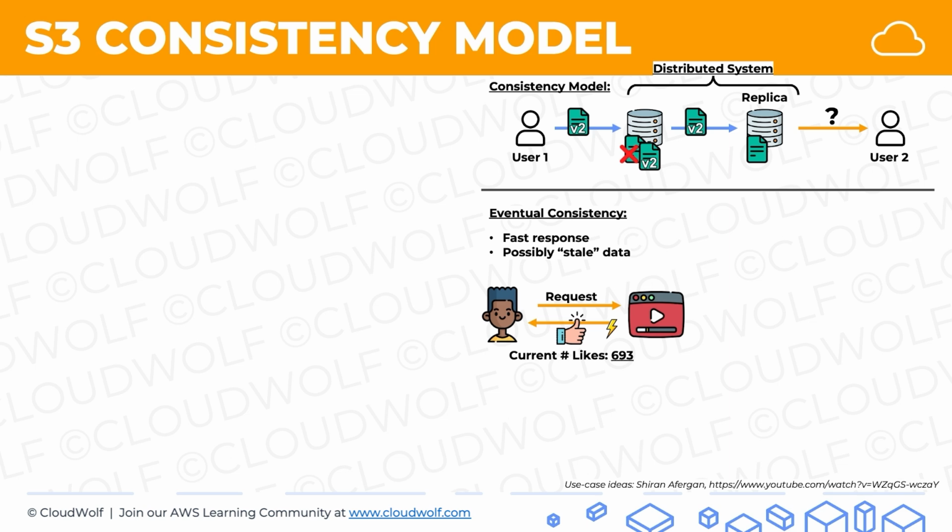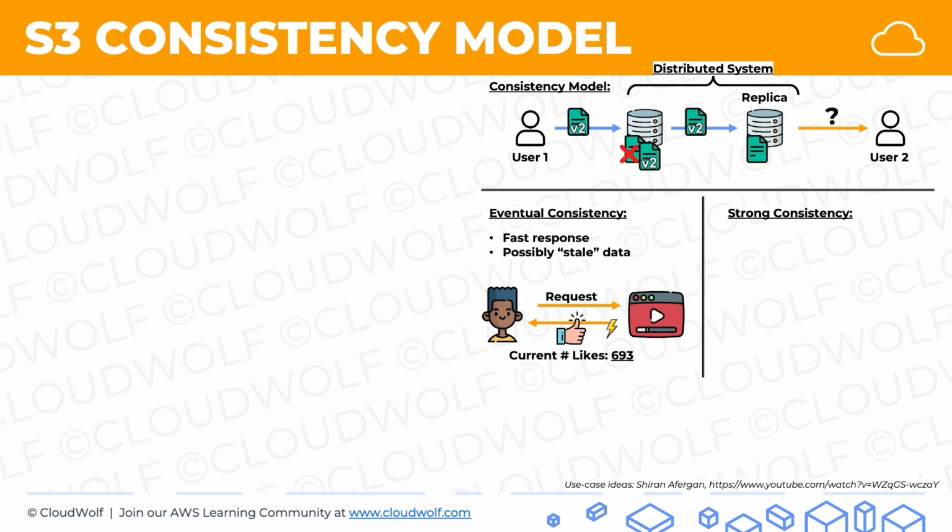Maybe in that time when you sent the request, a few other users have liked that video, but it doesn't really matter to you that much if there's 2 extra likes. What does matter is you want the response fast. You don't want to have to wait for 5 seconds or 10 seconds or 3 seconds for the YouTube video to load. So in this case, a fast response is more important for you than the correctness of the data.